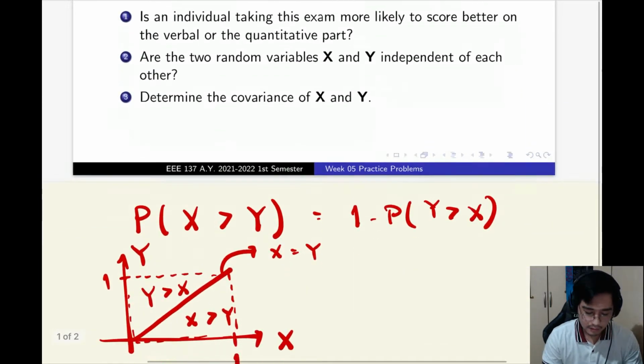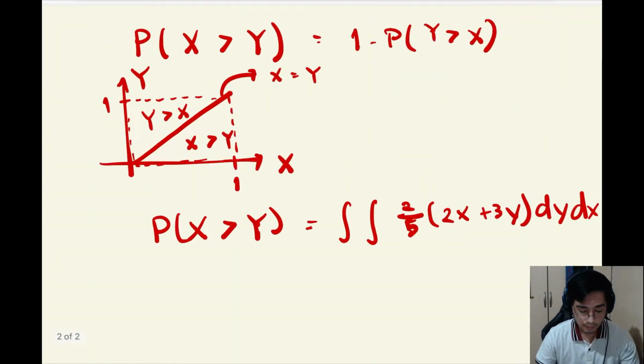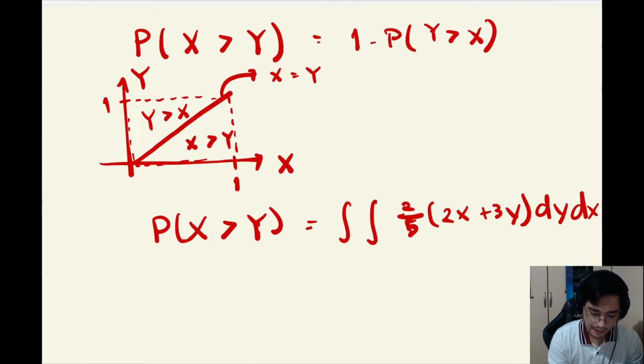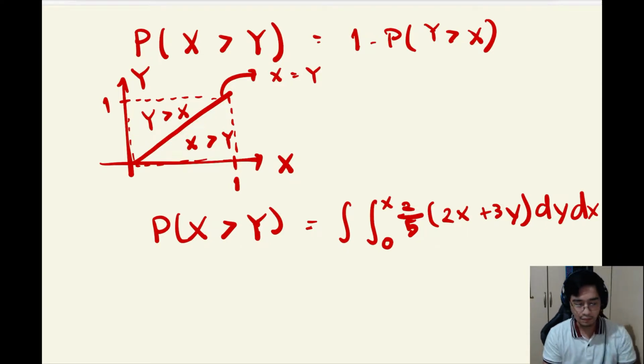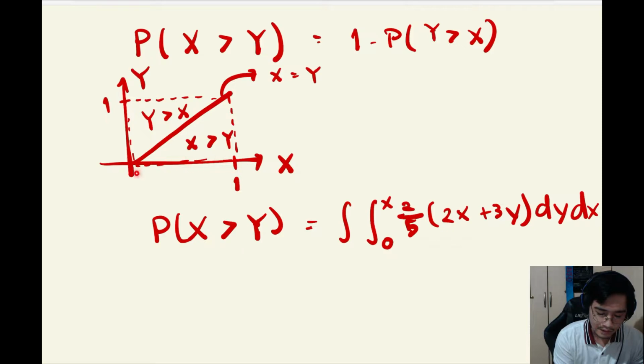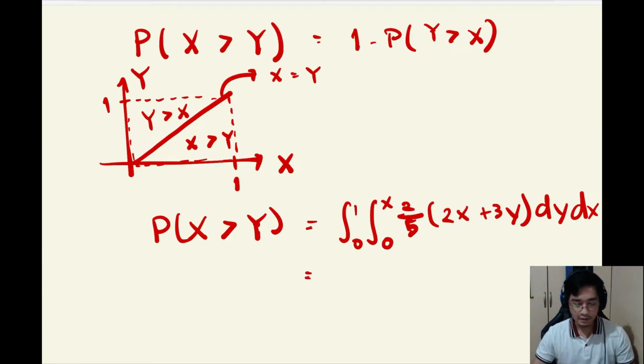If we integrate first with respect to y, we are getting from this boundary to this boundary, so that is from 0 to x. Then if we integrate with respect to x, since we already integrated over y, we now integrate from the lower bound, which is 0 to 1. Let me just solve this integral.